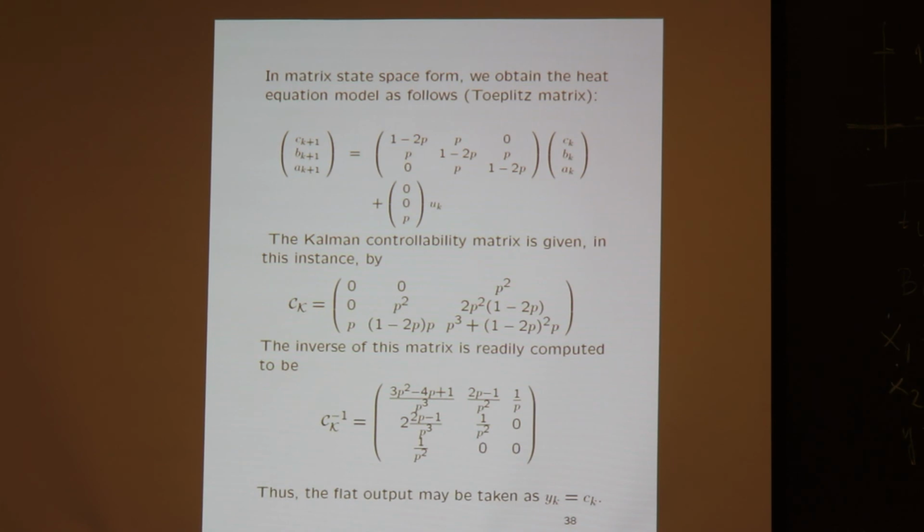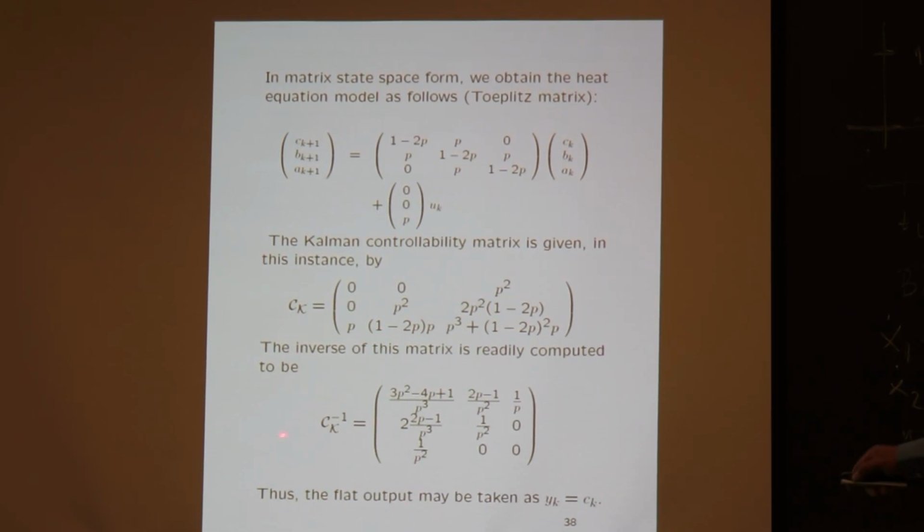I think it's called band matrix or Toeplitz matrix. So you have a dynamics which is very well known, and the controllability matrix can be computed to be something like this. So the inverse of the controllability matrix now has this structure.